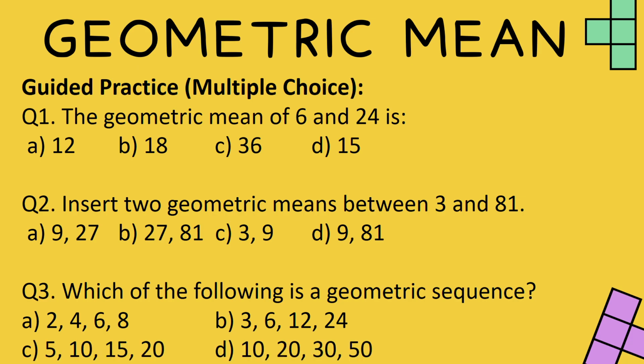Okay. So for question number 1, geometric mean of 6 and 24. Remember, if the question is like this, you could use the shortcut. And you could pause the video so that you could compute first.